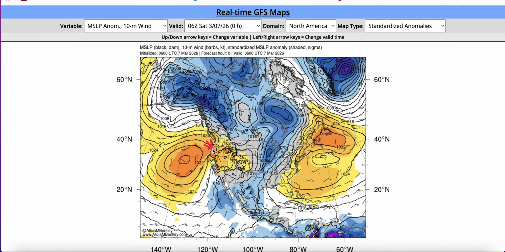I don't want to make it confusing. So basically, clockwise flow around high pressure, counterclockwise flow around low pressure. That's what's giving us that north wind, just for you to have an idea of the weather pattern and why we're getting that north wind.